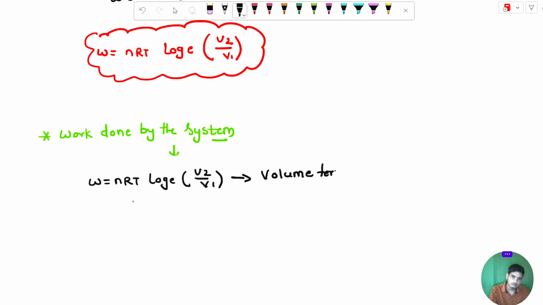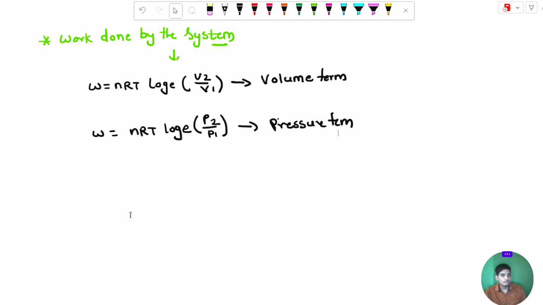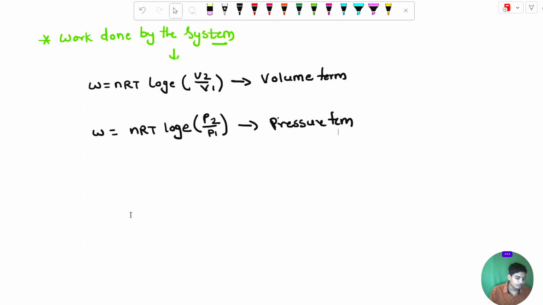We can also write it in the pressure term: nRT log e P1 upon P2, because V2 upon V1 is equal to P1 upon P2. In the pressure term, both values are the same. We already know P1 V1 is equal to P2 V2.